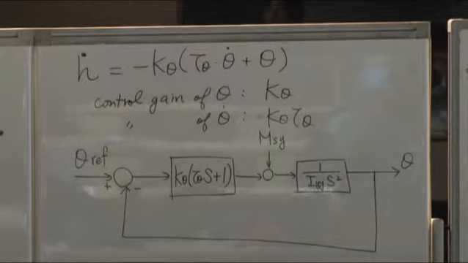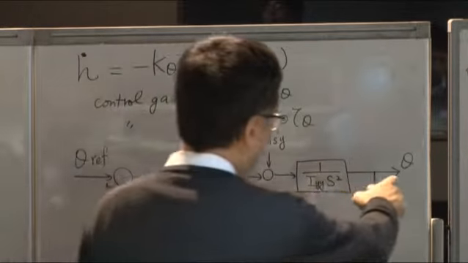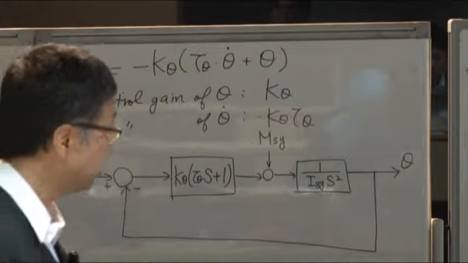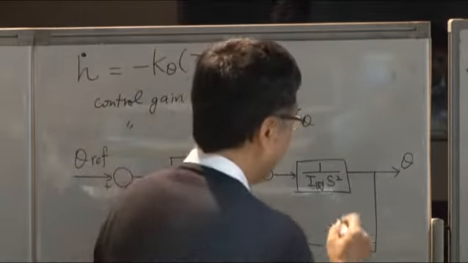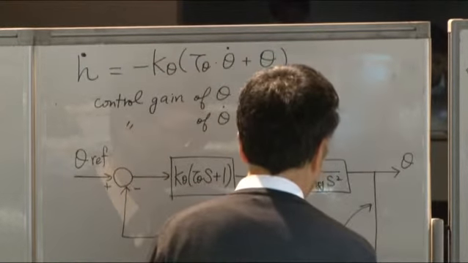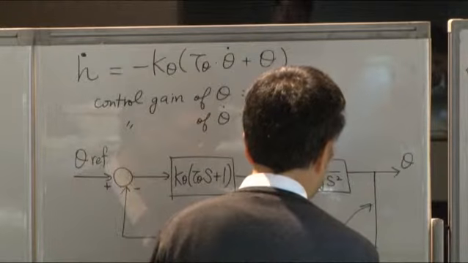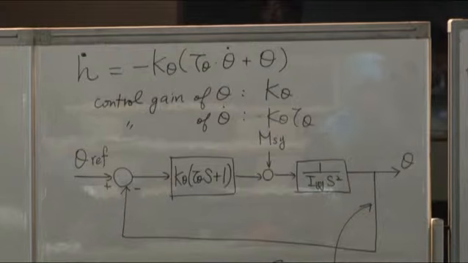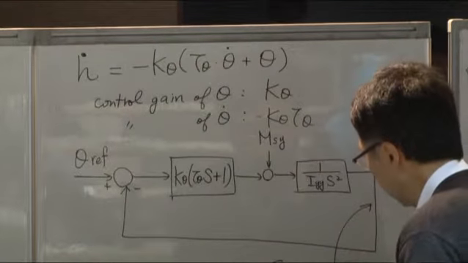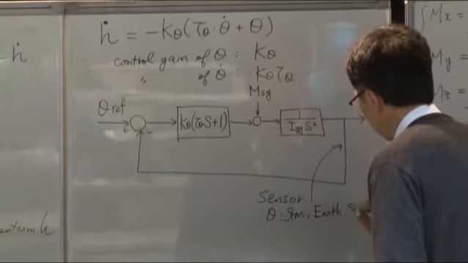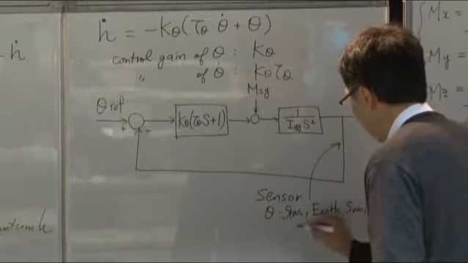Now I'd like to show you in more detail. Theta is an attitude angle around the y-axis, and this y-axis attitude angle can be measured by some sensors. What kind of sensor is used? The theta measurement can be made by, for example, the star sensor or earth sensor or sun sensor or magnetometer.